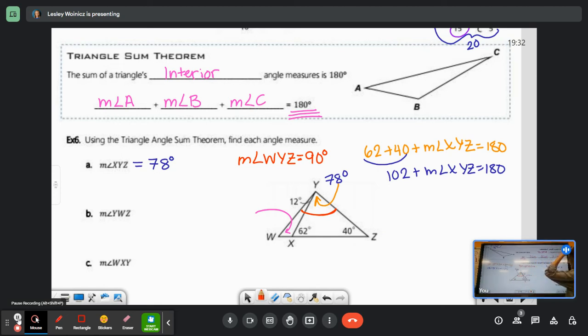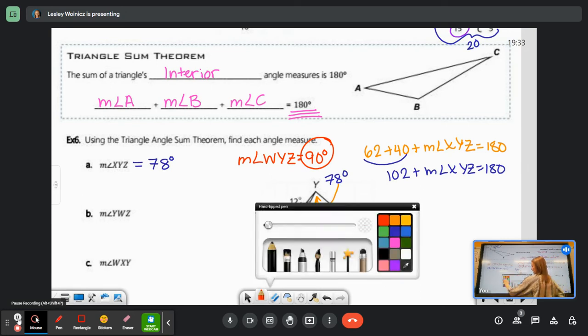That's a right angle. So now we know 90, we know 40. What does this angle W have to be to add up to 180? The measure of angle W plus 90 plus 40 is 180.